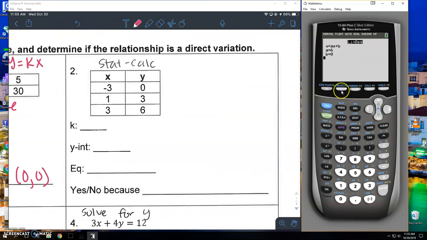Number 2, okay, I'm typing this again into stat edit. It gave me a chart. So I'm going to type that in. -3, 1, and 3. And I have 0, 3, and 6.